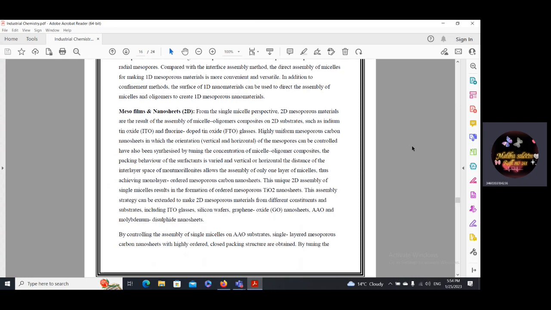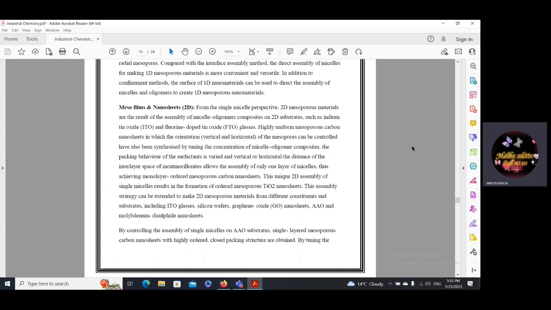The unique 2D assembly of single micelles results in the formation of ordered mesoporous TiO2 and tin oxide nanosheets. This assembly strategy can be extended to make 2D mesoporous materials from different constituents and substrates, including ITO glasses, silicon wafers, graphene oxide nanosheets, AAO, and molybdenum disulfide nanosheets.